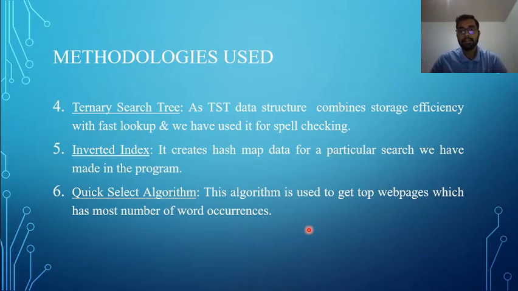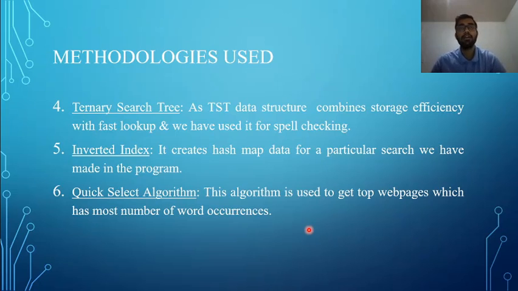It is an index data structure storing a mapping from content, such as words in our case, to its location in a document or a txt file. In simple words, it is a hash map like data structure that directs you from a word to a document or a web page. A record level inverted index contains a list of references to documents for each word.